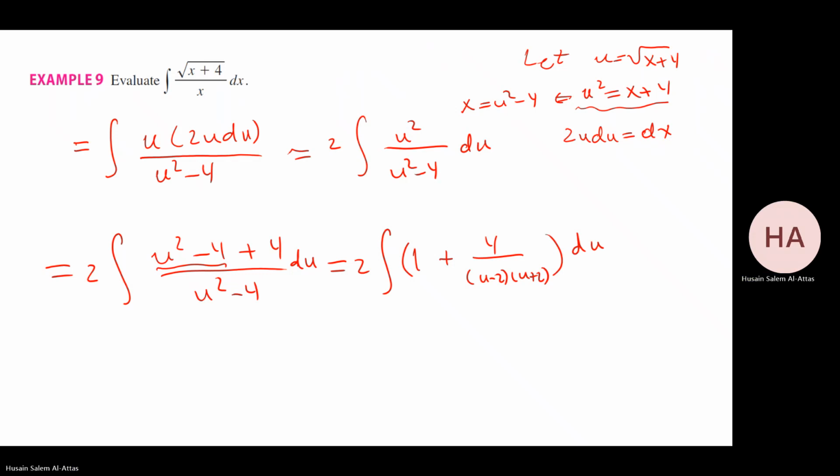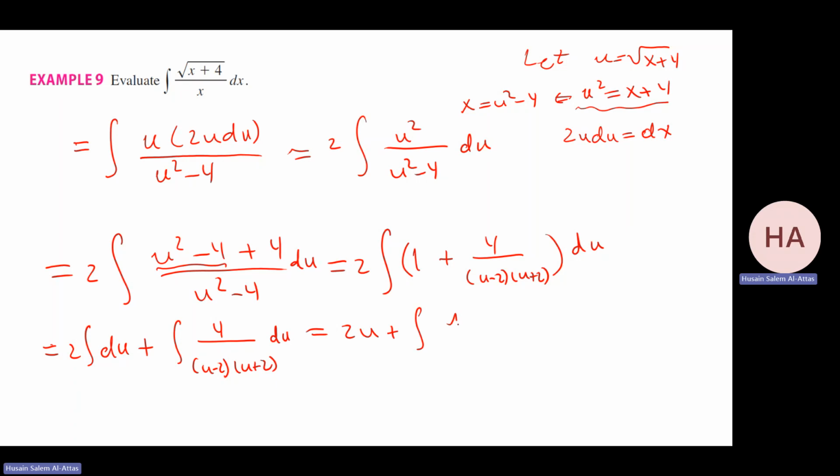Okay. So that will be what? 2 integral of du, which I can do easily, plus 4 over this du. That will be 2u. This one will be a what? A over u minus 2 plus B over u plus 2. So it has the partial fraction.